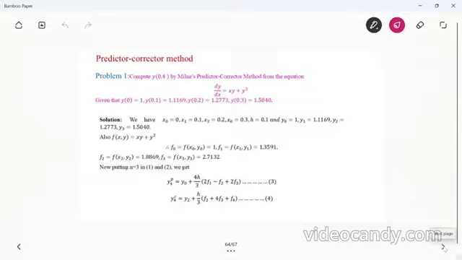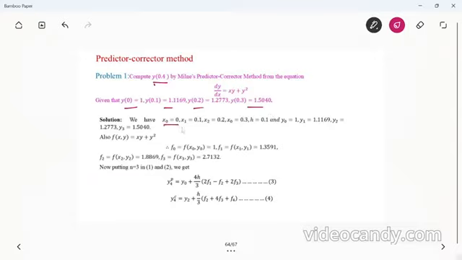Now, compute y(0.4) by Milne's predictor corrector method from the equation dy/dx = xy + y square, given that y(0) = 1, y(0.1) = 1.1169, y(0.2) = 1.2273, y(0.3) = 1.5040.